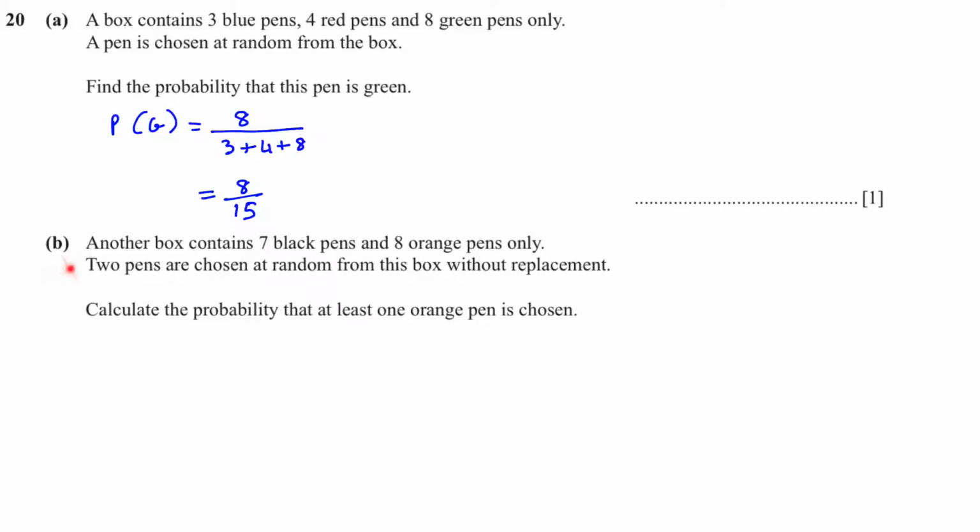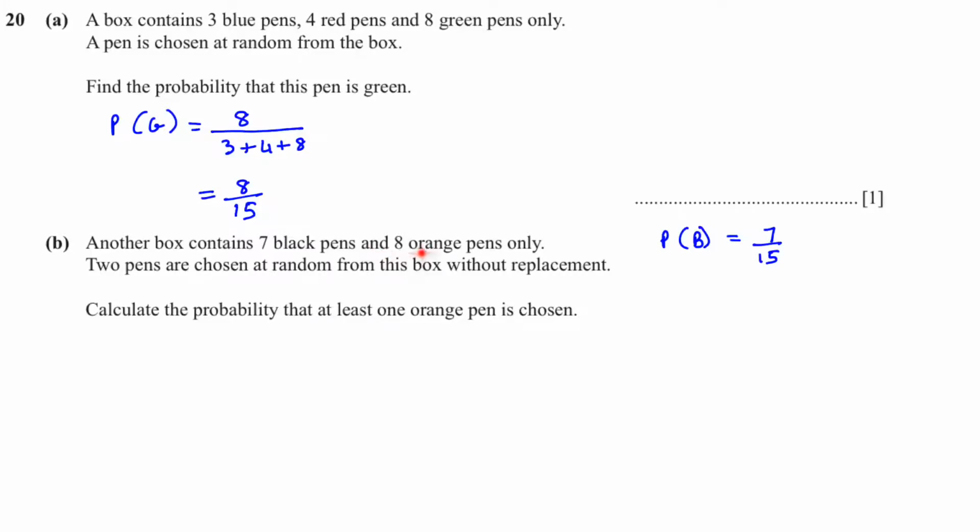Part B. Another box contains 7 black pens and 8 orange pens only. 2 pens are chosen at random from this box without replacement. Calculate the probability that at least 1 orange pen is chosen. So first let's write down the probability of black pen, that is 7 over 15.